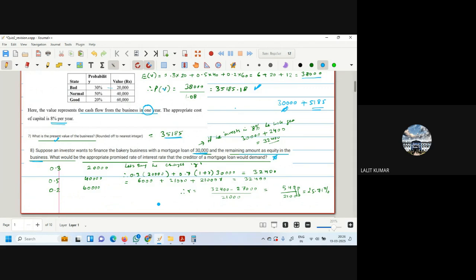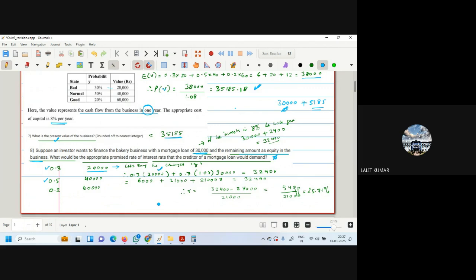So here we have to see all the three scenarios. We see the probability of 0.3, only earning will be 20,000. So the guy who has given the loan, he will get only 20,000. In case of 40,000, probability is 0.5, then he will get all his money.